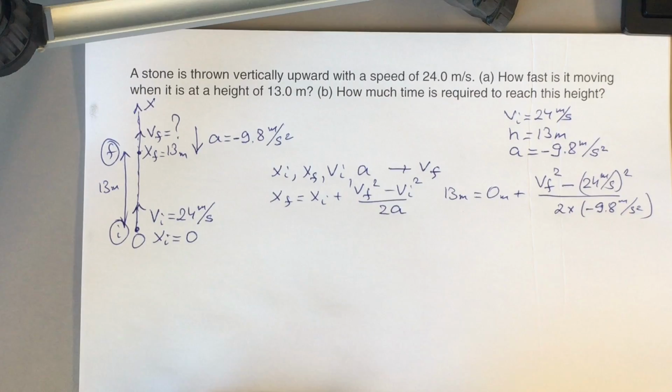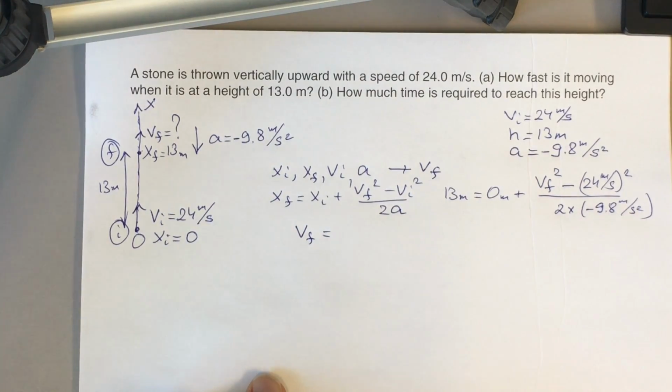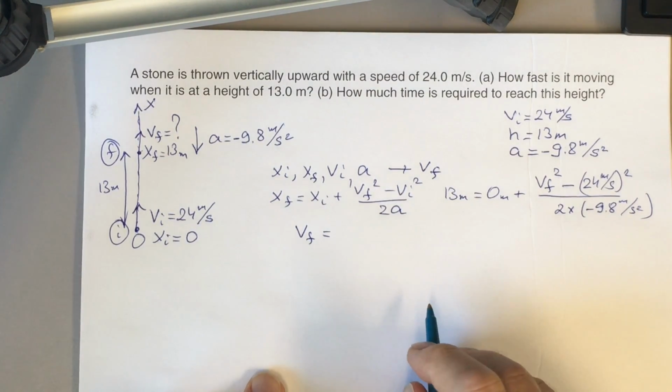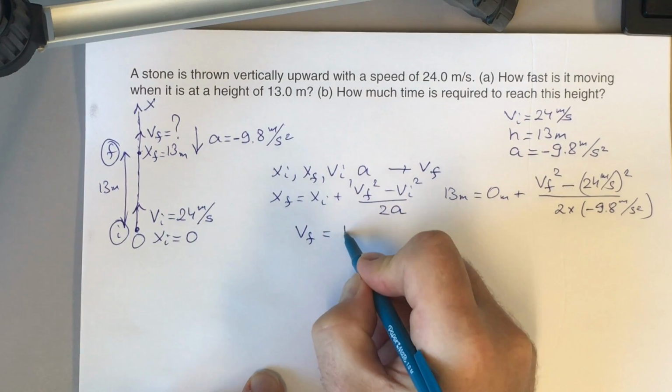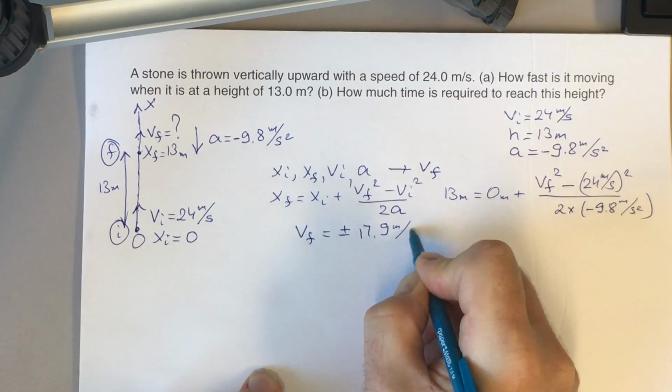Only one unknown in this equation, v final. Solving for v final, you take the square root, and whenever you take a square root you have two solutions, plus or minus 17.9 meters per second.